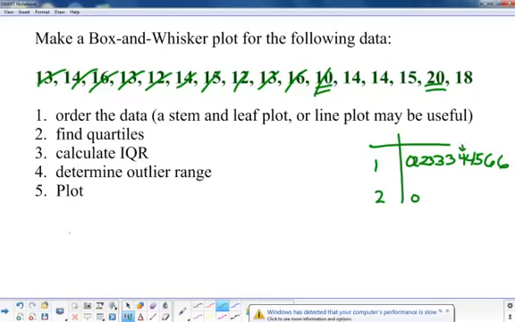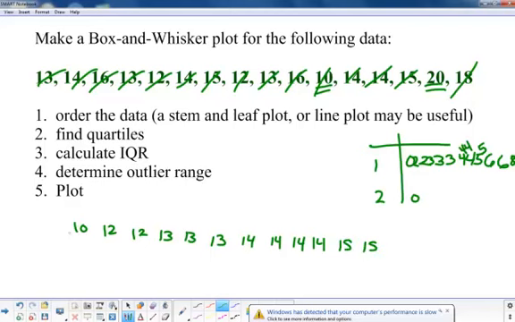I have 2 more 14s, 1 more 15. I have 18 because it's my biggest number, or 20, and then 1 more 18. So in order, I have 10, 12, 12, 13, 13, 13, 14, 14, 14, 14, 15, 15, 16, 16, 18, 20.